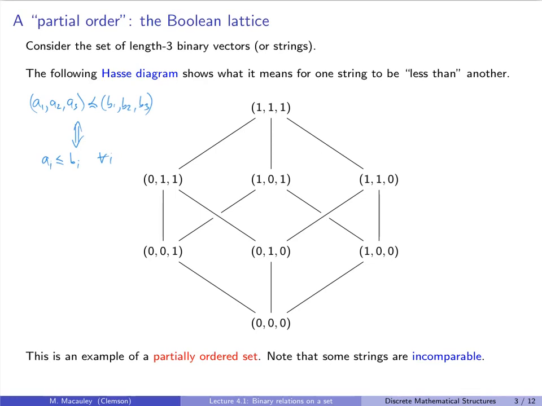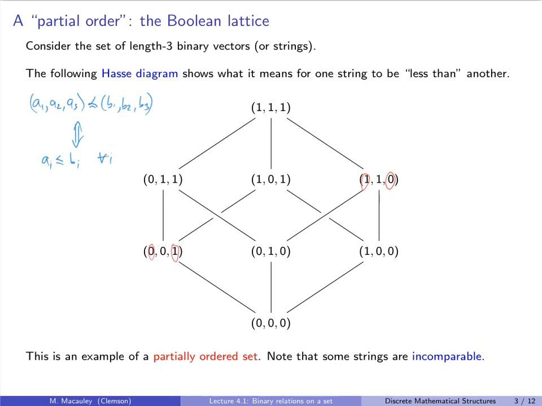So for example, 001 is less than 011 and less than 101, but it's not comparable to 110. Because the initial 0 is less than the initial 1 here, but the final 1 is bigger than the final bit here, which is 0.